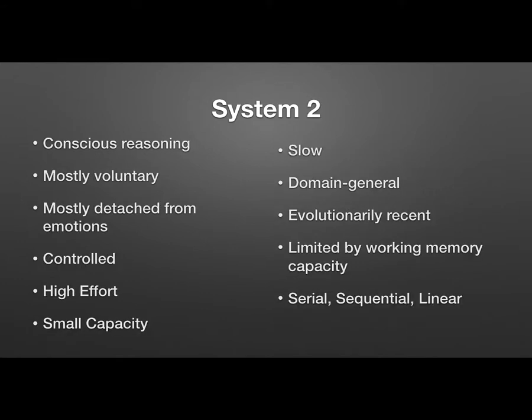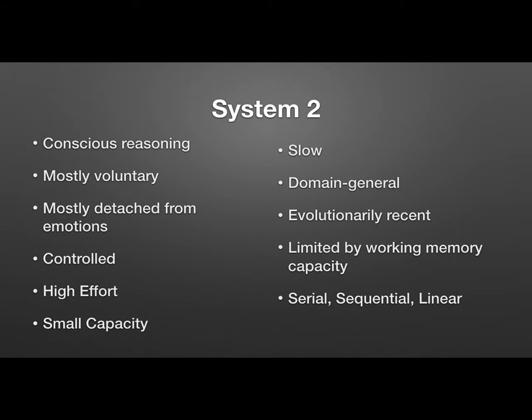System 2, though, is exactly the opposite of System 1. It's more about conscious reasoning. This is like doing a math problem. It takes a lot of effort. It's a generic process, just general problem solving, when you encounter something new and you don't know what to do with it, and you stop and have to think about it and take it a step at a time.